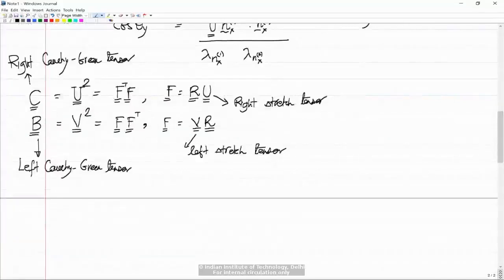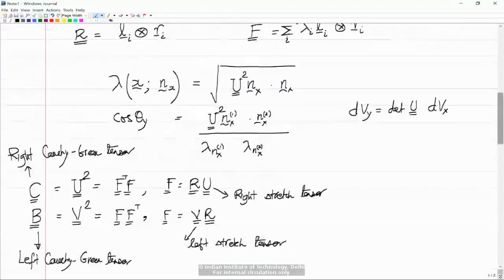Because u is inducing the deformation, and in the eigen decomposition of u, you saw that the line elements are just getting stretched by lambda 1, lambda 2, lambda 3. Although u also induces shear strain, because in the formula of shear strain you can see u is appearing, by name we call it stretch tensor.